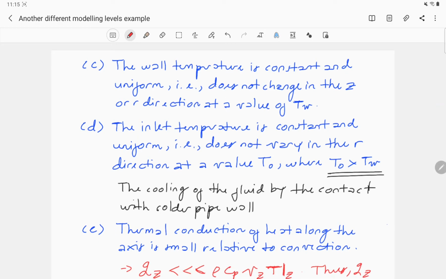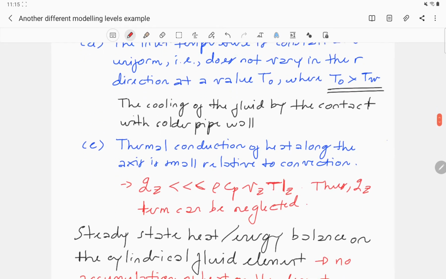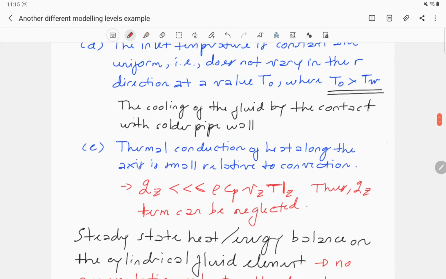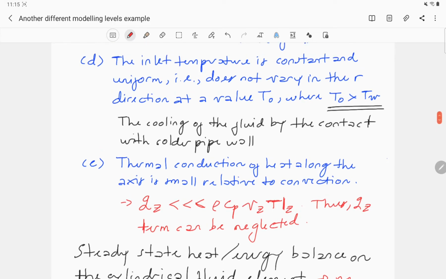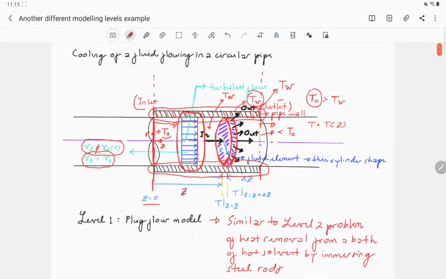Okay, and then the last assumption that we will take is that the thermal conduction of heat along the axis is small relative to convection. So as the fluid flows in the axial direction, so the fluid flows in this direction, there will be two types of heat conduction that are possible. The first one is the molecular, so that will be by the heat conduction.